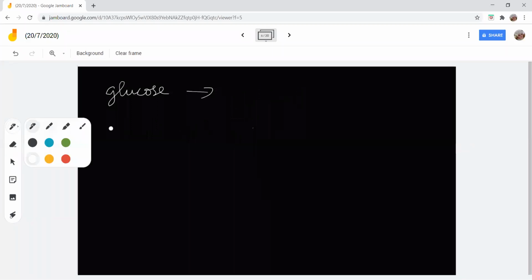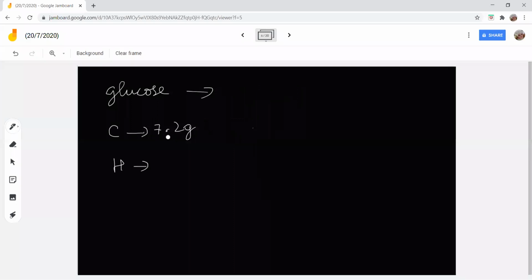So what I'm doing is, I'm telling you that you have 7.2 grams of carbon, and hydrogen that you have is, let's take C6H12, so 1.2 gram of hydrogen, and oxygen, what you have is, 6 times 16, what you get? 9.6 grams. I'm telling you like this.